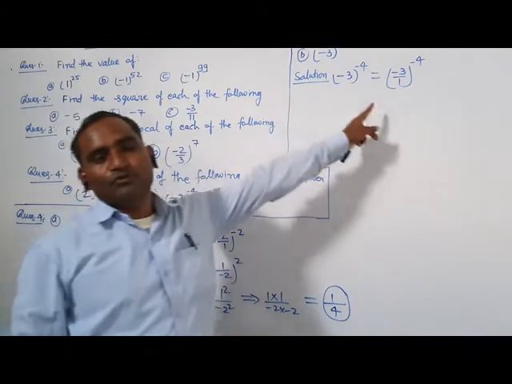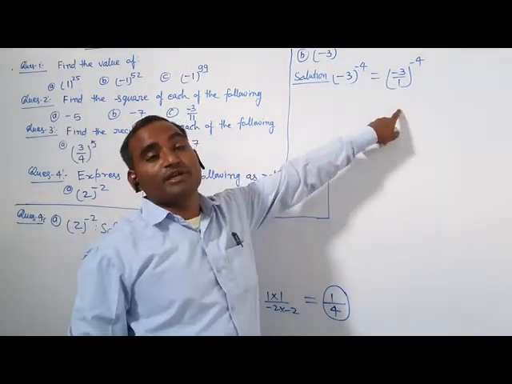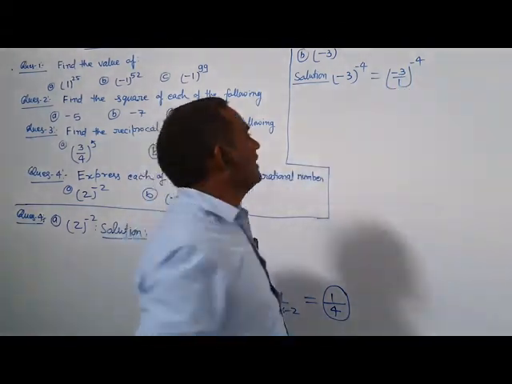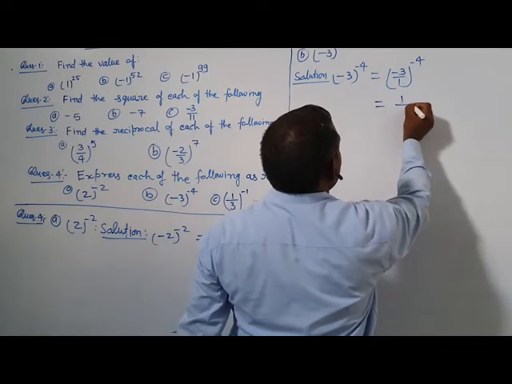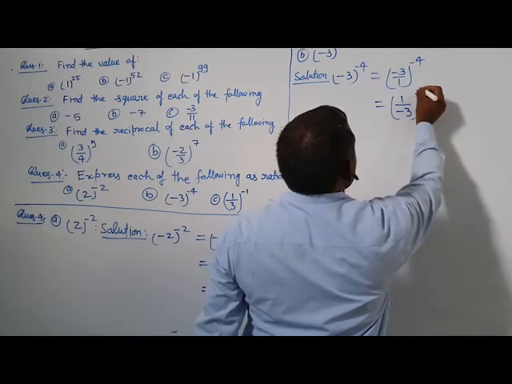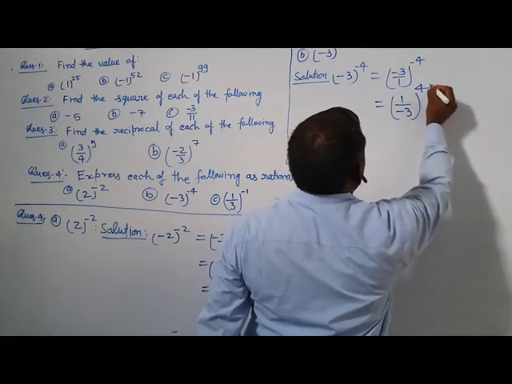When the power is negative, you have to change the numerator into the denominator and the denominator into the numerator. Now we have changed it, and minus 4 will be converted into plus 4.